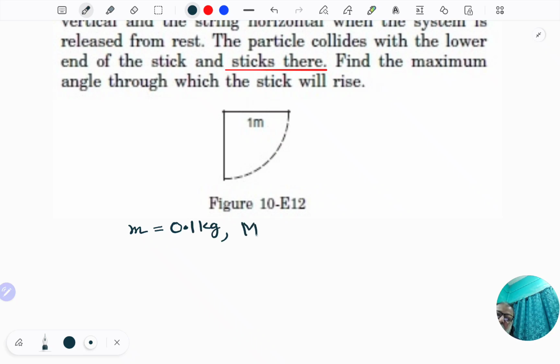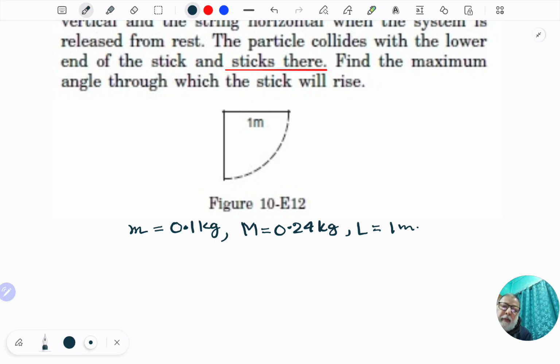I write capital M as the mass of the rod, which is given as 0.24 kg, and L, the length of the rod as well as that of the string, is 1 meter.